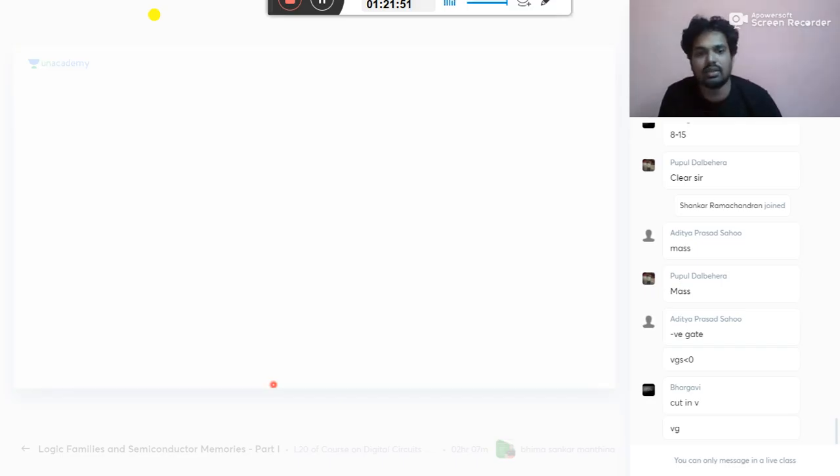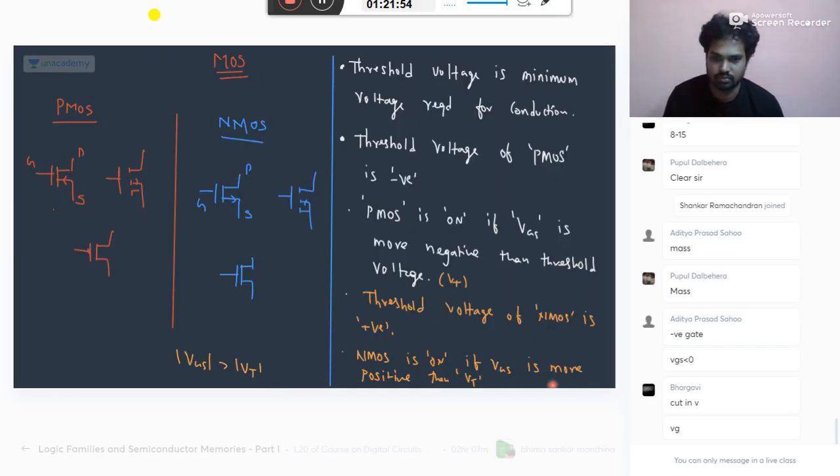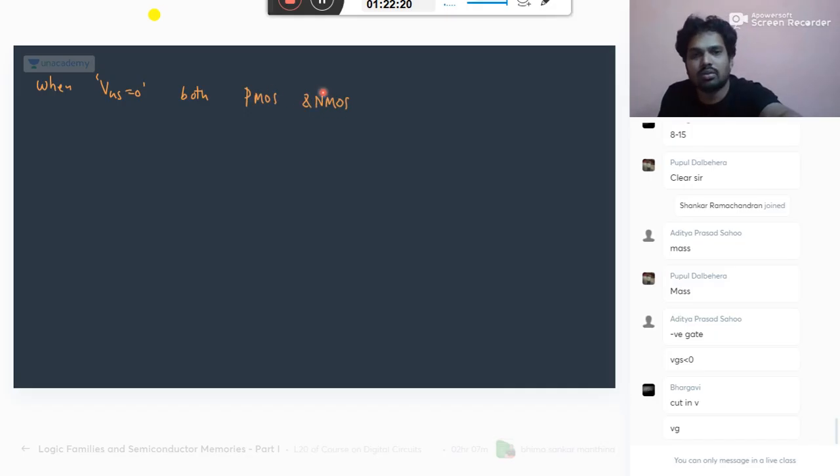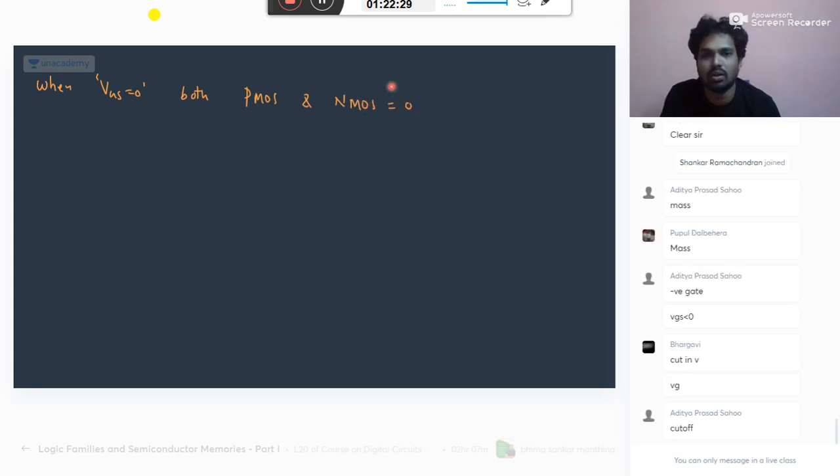And another condition you can say is, when VGS is equal to 0, both PMOS and NMOS are off.